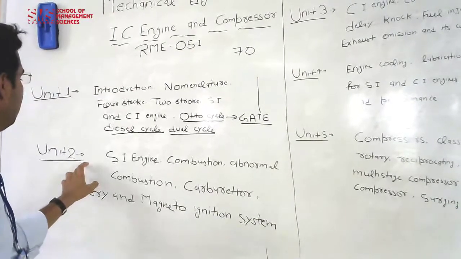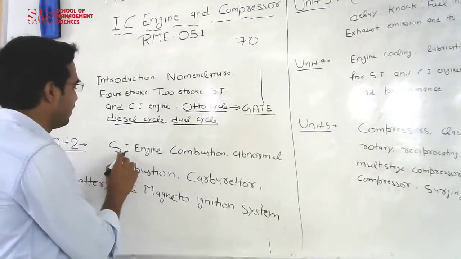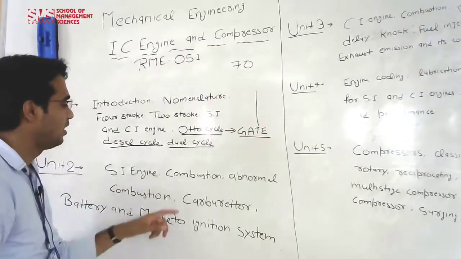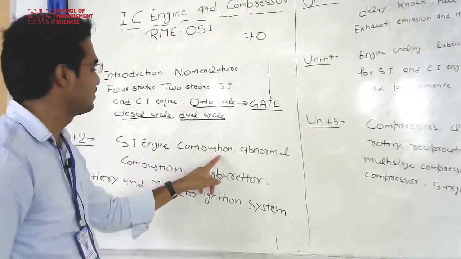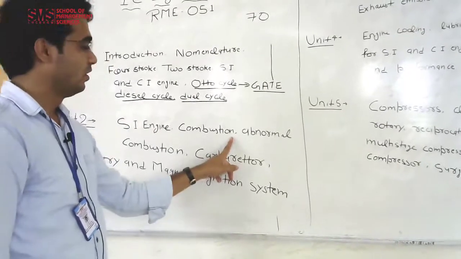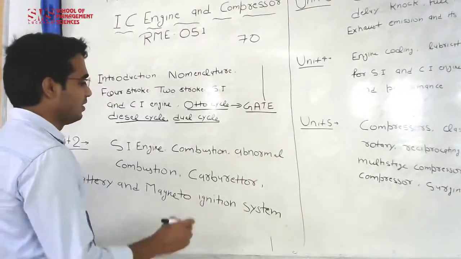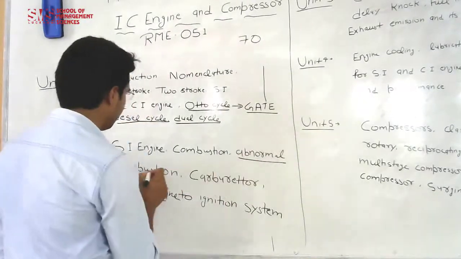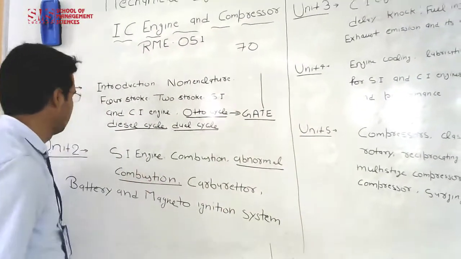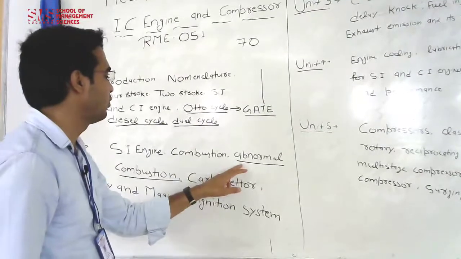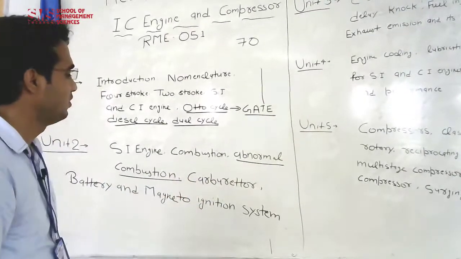In Unit 2 we will study what is SI engine, how the combustion in SI engine takes place, and what is abnormal combustion in SI engine. This is the most important topic of this unit.